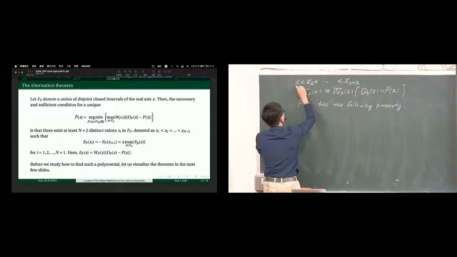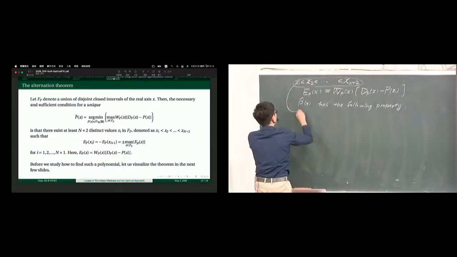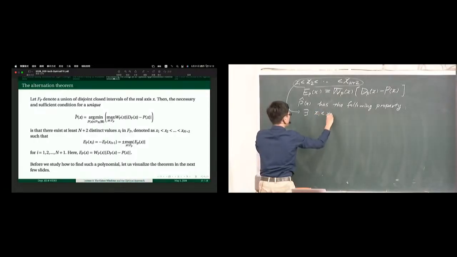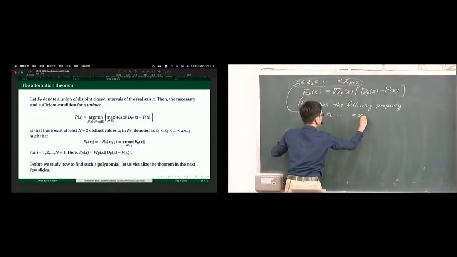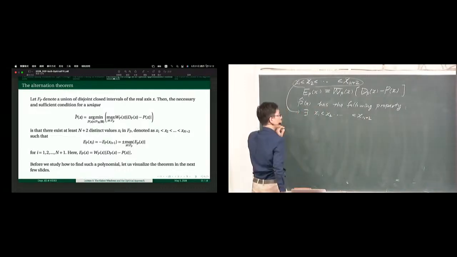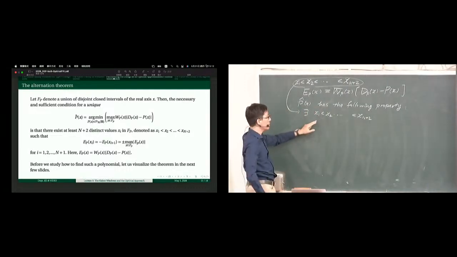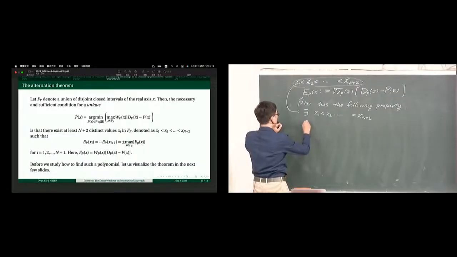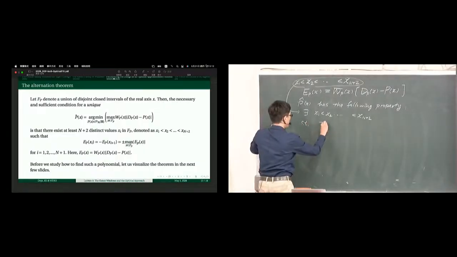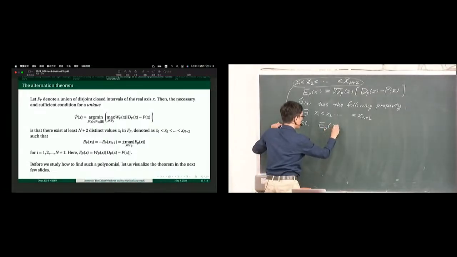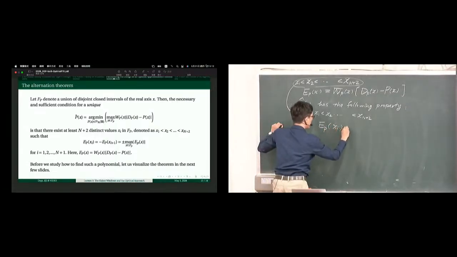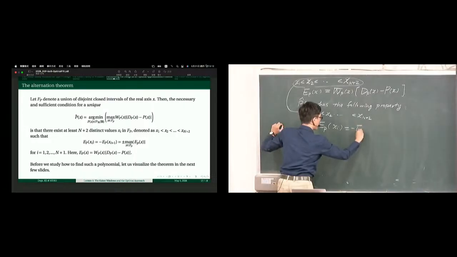That you can find this, okay? You can find all these n plus 2 distinct points such that the error evaluated at the current point equals the error evaluated at the next point, but with the minus sign.